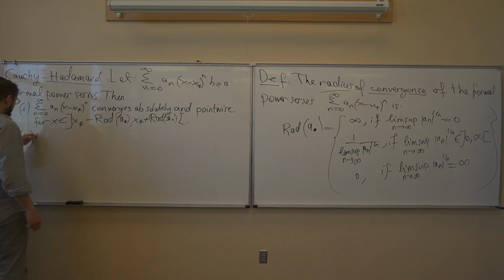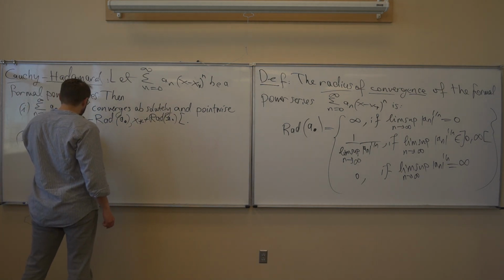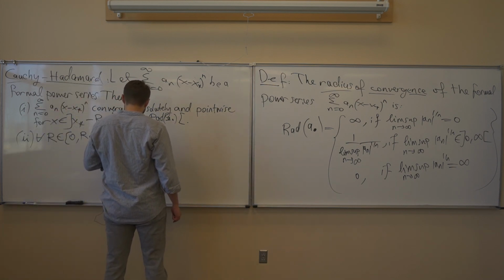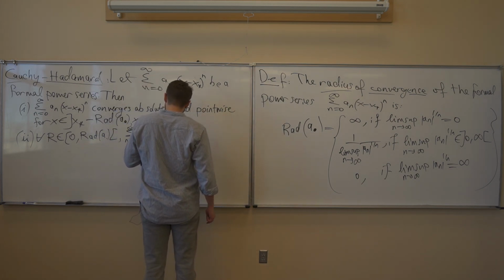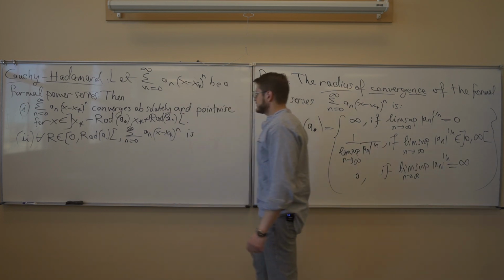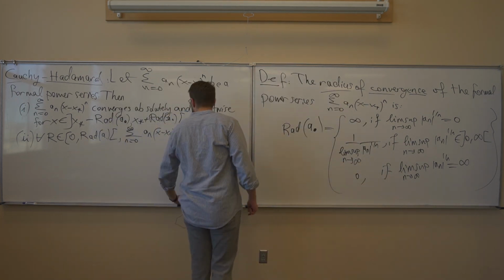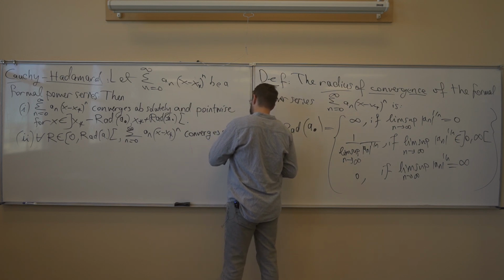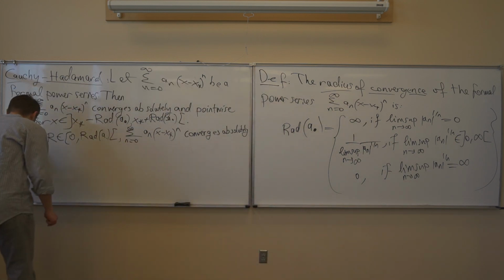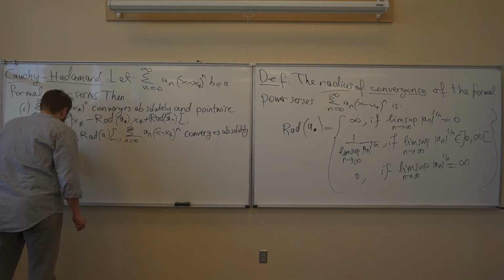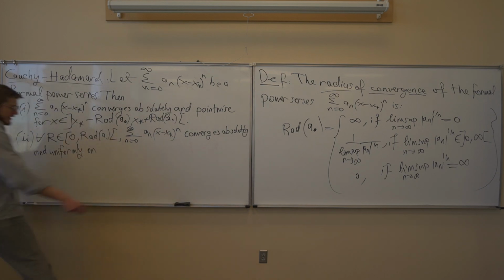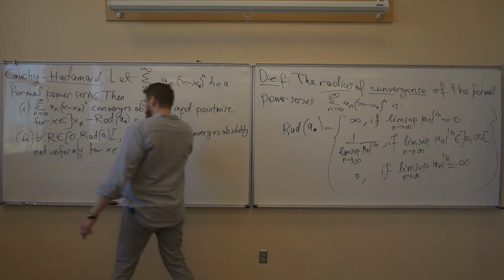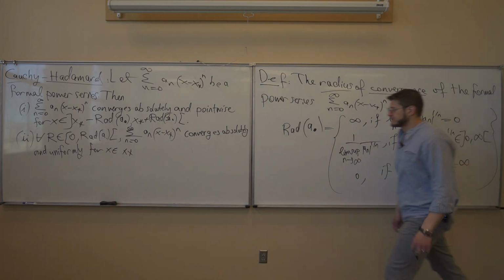Namely, more specifically, for any r that is strictly less than the radius of convergence, this series converges absolutely and uniformly on, so for x in the closed interval, closed ball centered at x star with radius r.